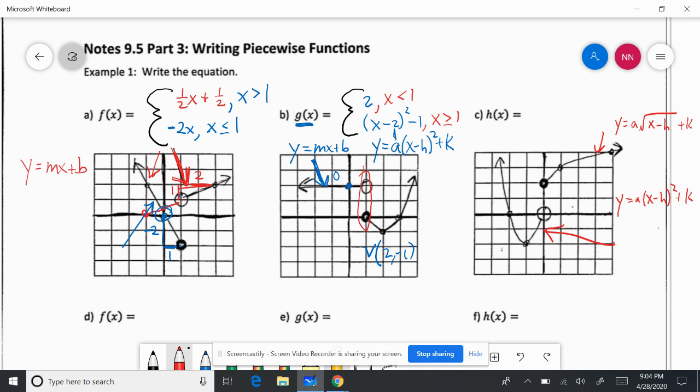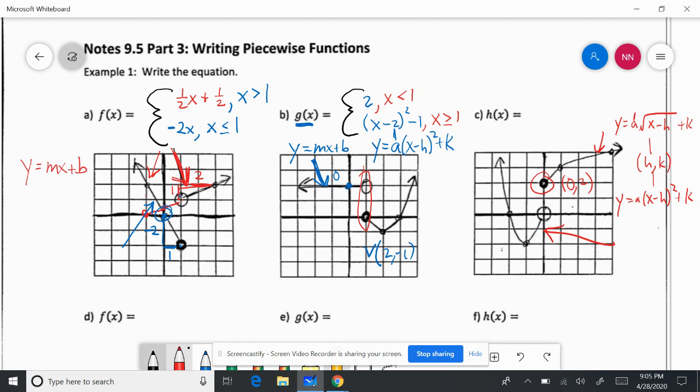In both of these, the key is our h, k value. For the first one, our starting point, our h, k value is (0, 2). Notice that it goes up 1, so our a value is 1.